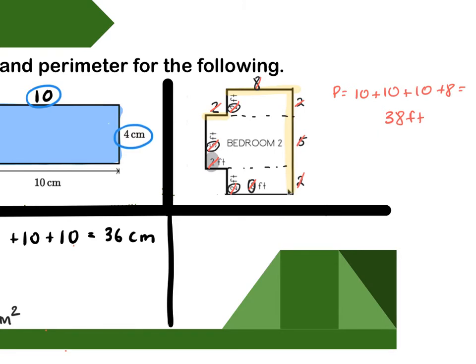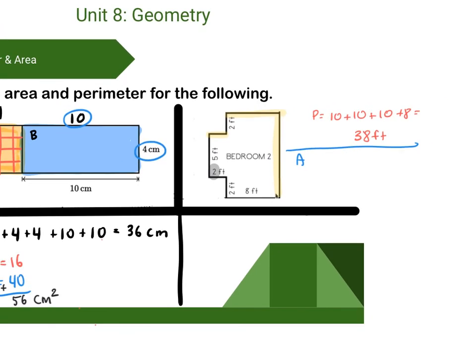Now for my area, I'm going to erase some of those other numbers so it's not as confusing here. For my area, I'm going to do the same kind of thing. I'm going to break it into 2 smaller rectangles like we had on the last one. I'm going to break mine this way because I think it's easier.